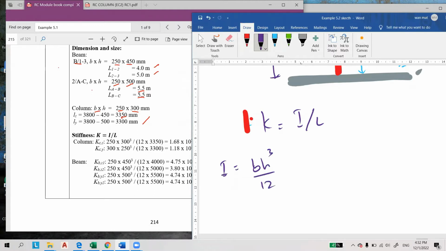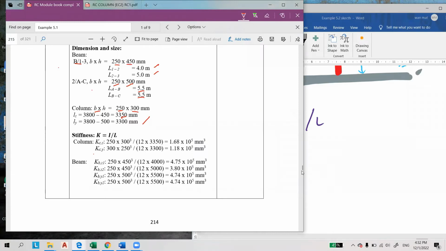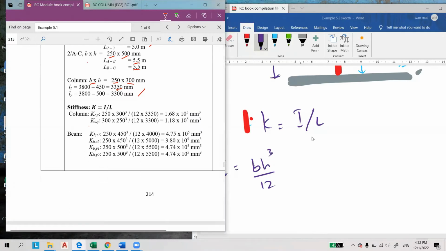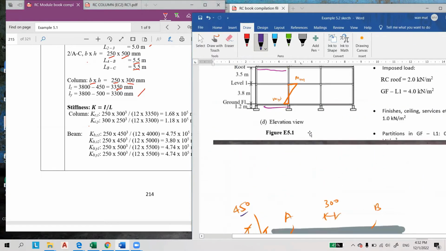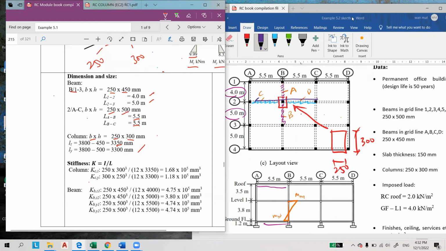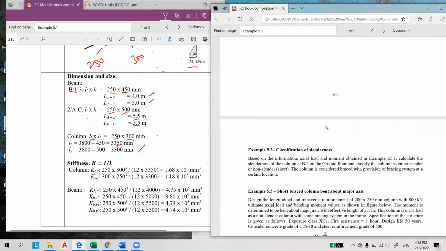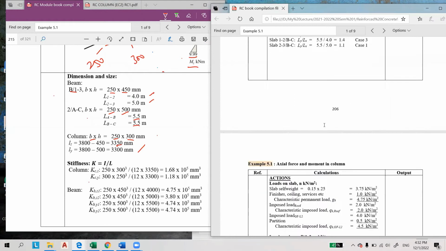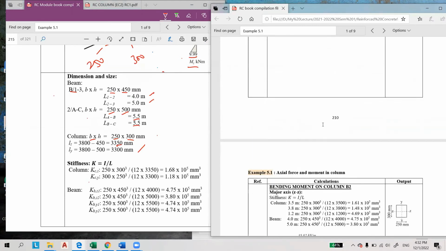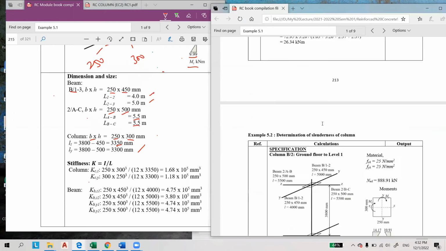So for the Z directions, I need more than one file, so you can refer here.